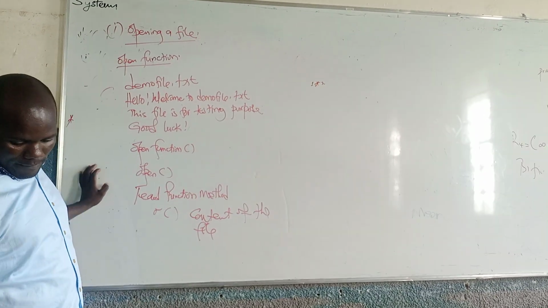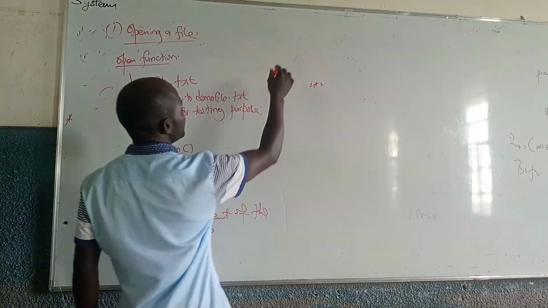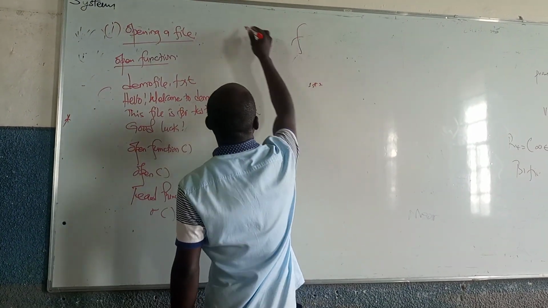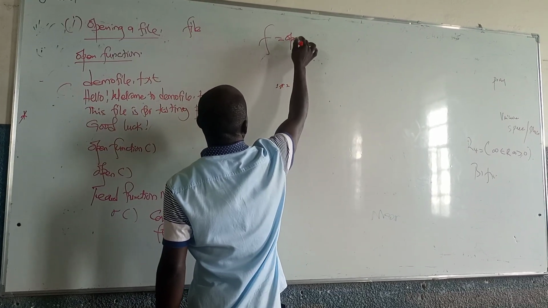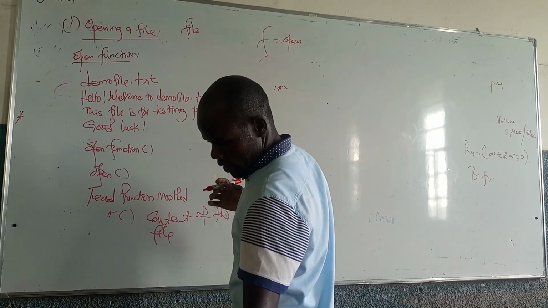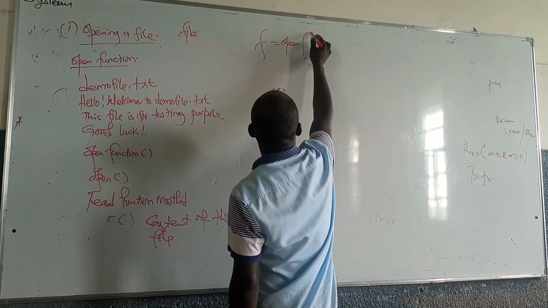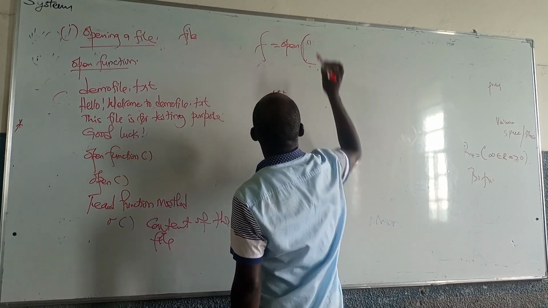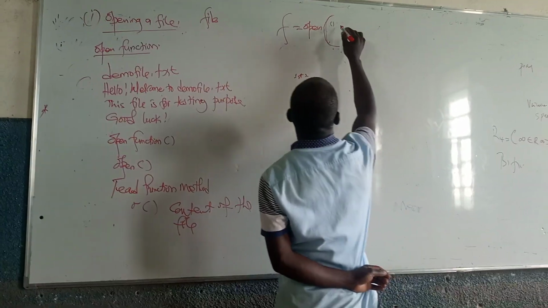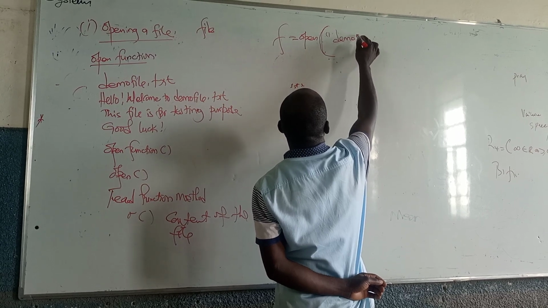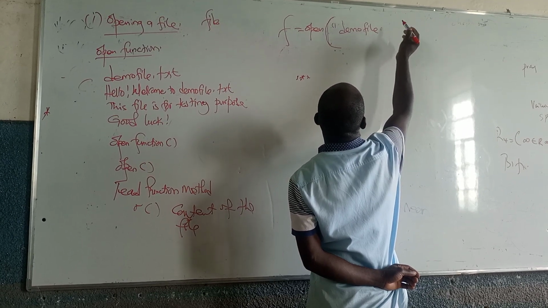Then we shall have our code, which is f equals open. This f stands for file. Open the bracket, then open the quotes, then you say demo file.txt, the file that we are going to open.